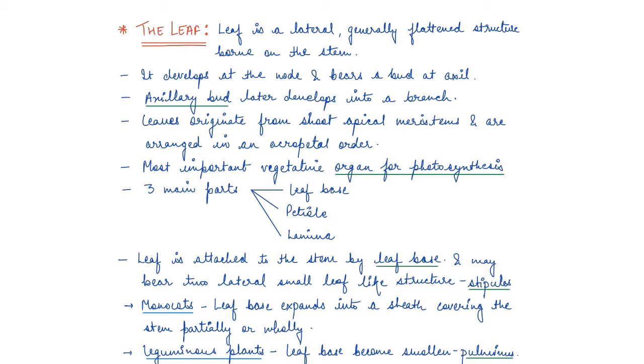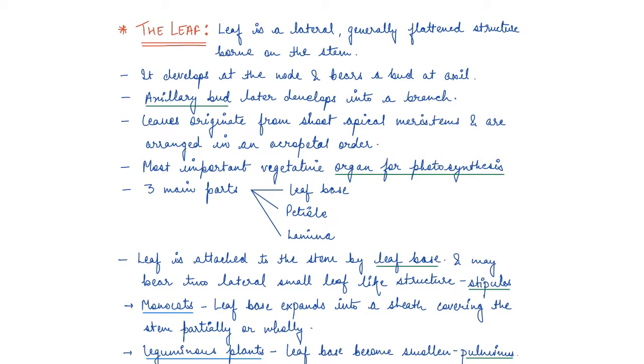So basically this axillary bud later develops into a branch. Again, leaves originate from shoot apical meristem and they are arranged in an acropetal order. So we'll see the structure of leaves as well later on.